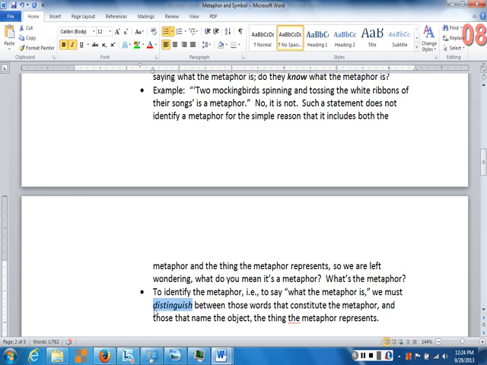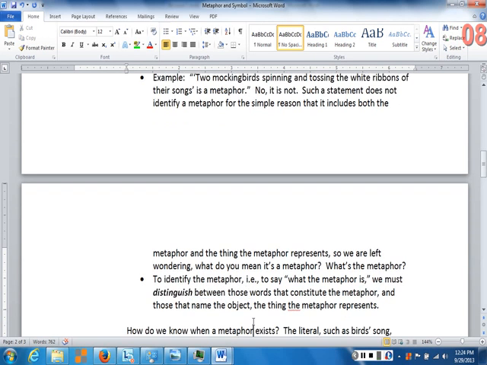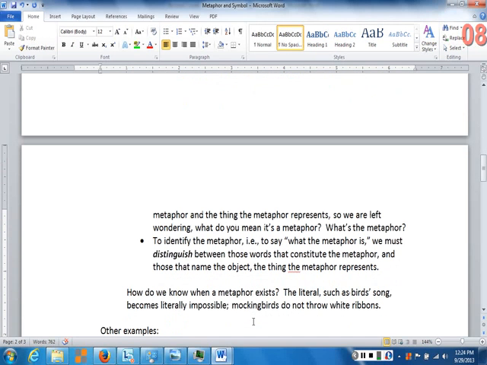We must separate the words that constitute the metaphor, all right? And the words that name the object, that is, the thing that the metaphor represents. All right. So, that's what this is really getting at. How can we clearly specify what is the metaphor and what the metaphor is referring to, the object of the metaphor?